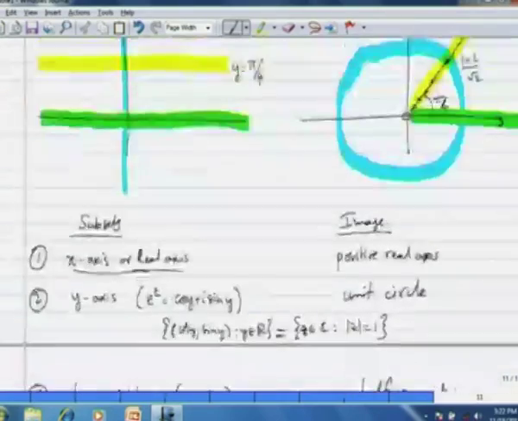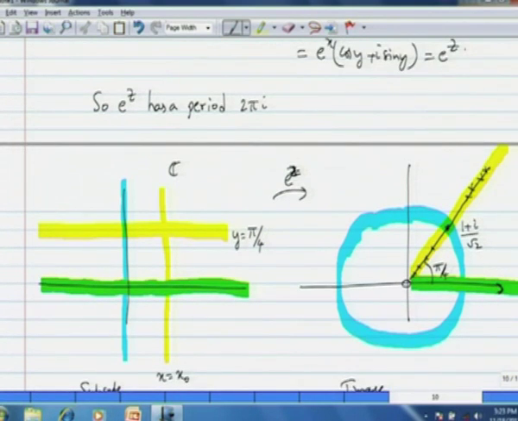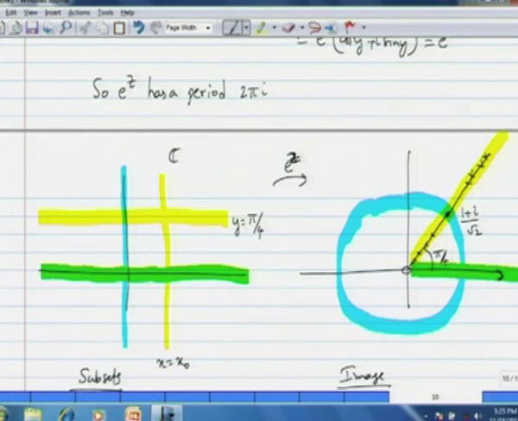Okay. So, if we go back to the picture, let me take a yellow line again, and look at a vertical line like that, whose equation is x equals x naught. Then it depends upon whether e power x naught is greater than 1 or less than 1.